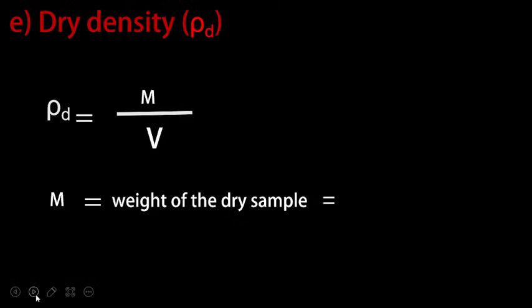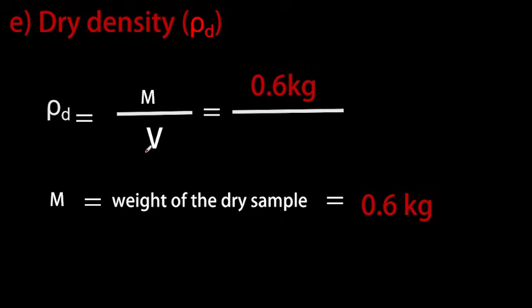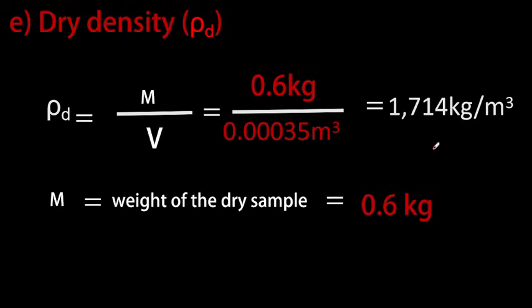From the equation, the weight of the dry sample is given as 0.6 kilogram. If we divide 0.6 kilogram by the total volume of the sample, we have 1,714 kilograms per cubic meter. So this is the dry density of the soil sample.